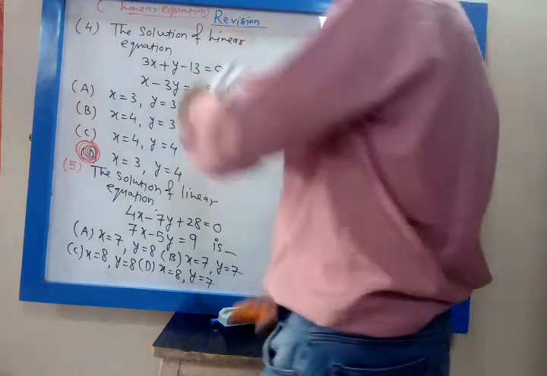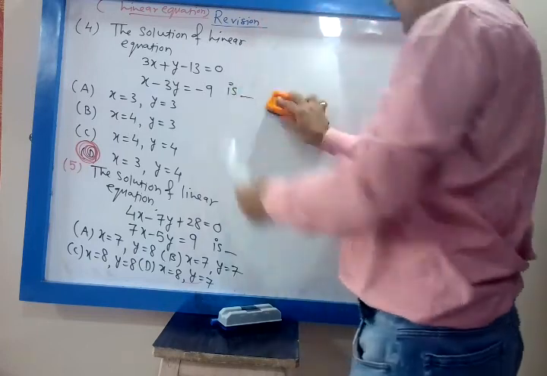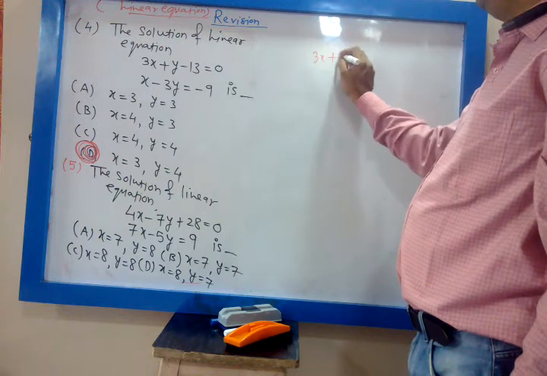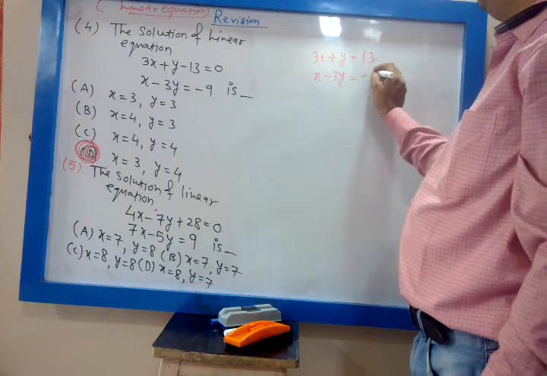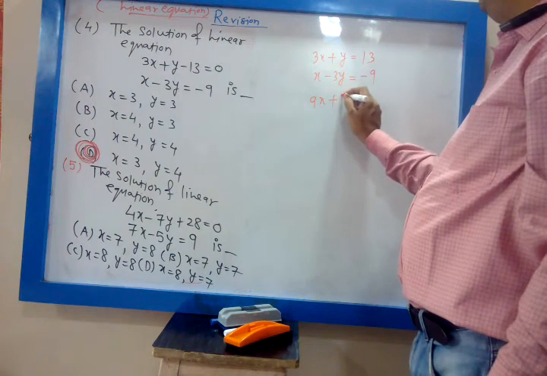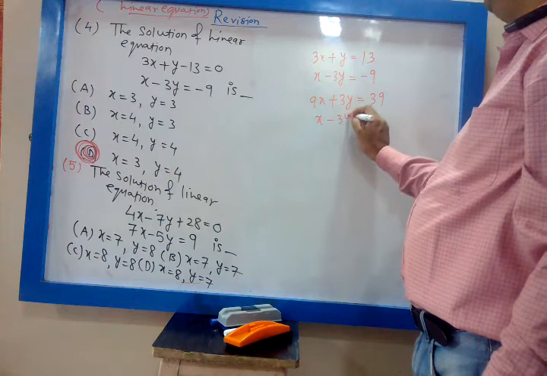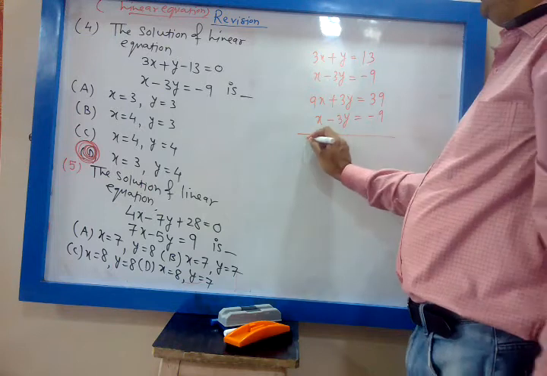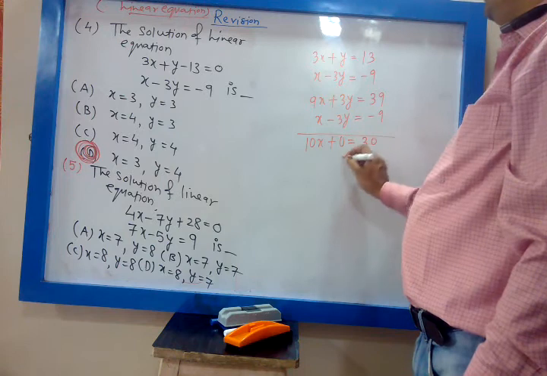Or multiply equation 1 by 3: 9x plus 3y is equal to 39, and x minus 3y is equal to minus 9. Add, since the signs are opposite. So 10x is equal to 39 minus 9, which is 30. So x is equal to 3.